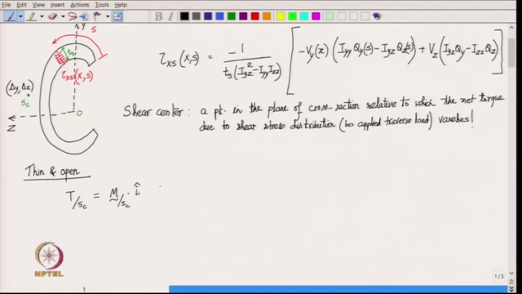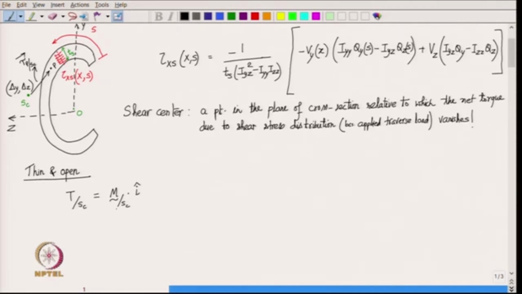Now, what is the moment about the shear center? So, in this cross section, suppose any point we denote by P. So, this vector is the position vector of P relative to the shear center, correct.